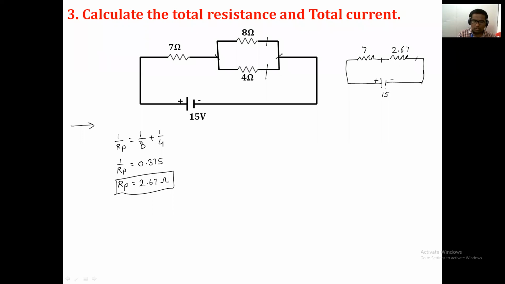Now, how are these 2 resistors connected? Series. So I say that the total resistance R total is equal to 7 plus 2.67, so R total is equal to 9.67 ohm. This is the total resistance of this entire circuit.